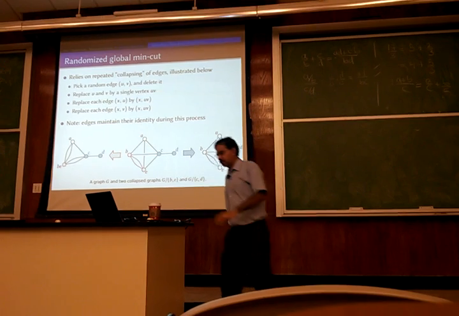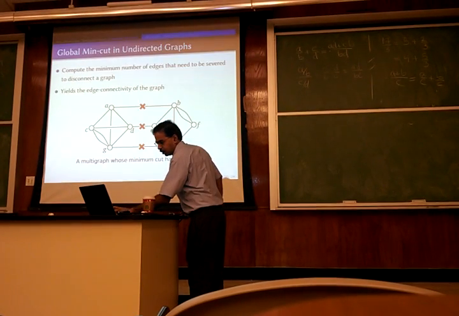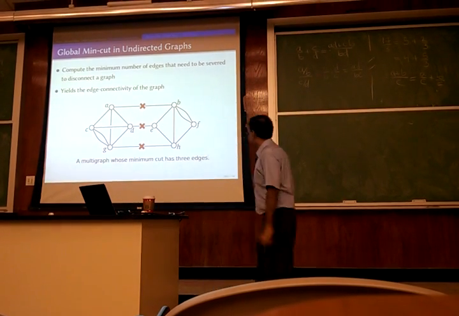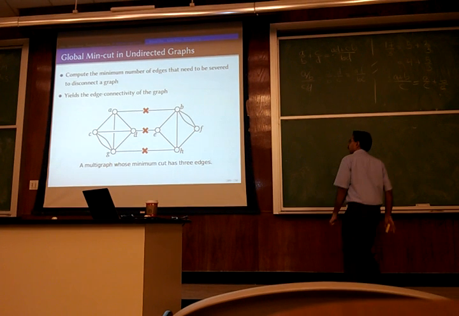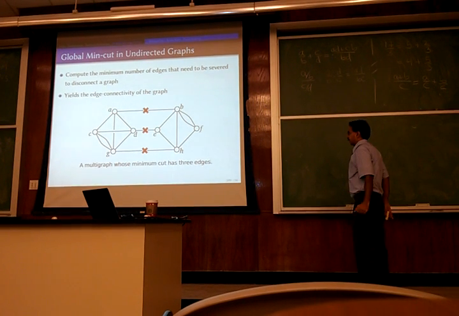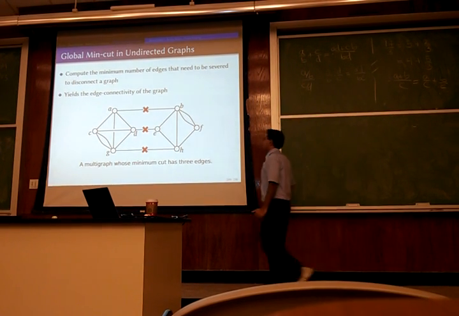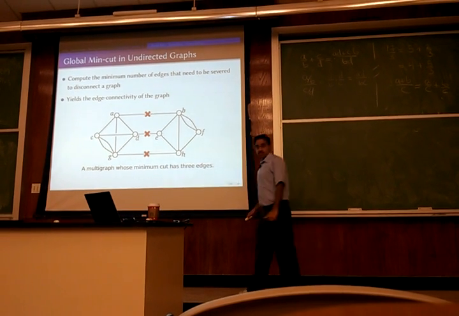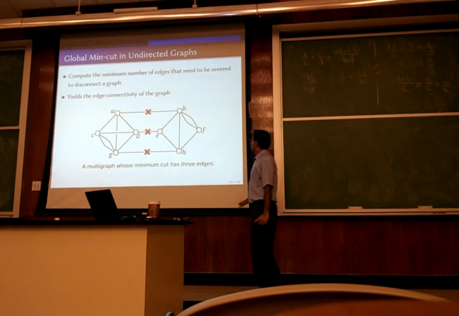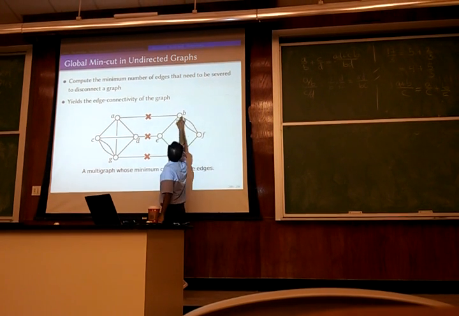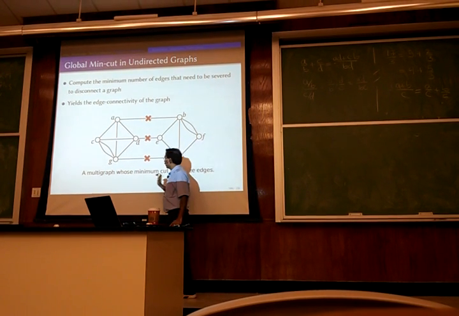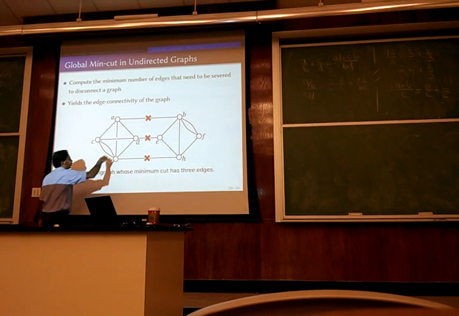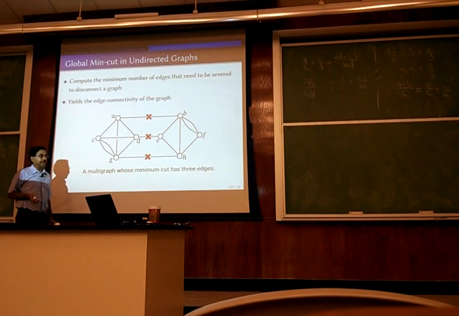So let's see what happens when you go to a graph like this, and let's say this is the min cut. Let's say you squish all these nodes together, and then you also squish all these nodes together. So what's going to happen?